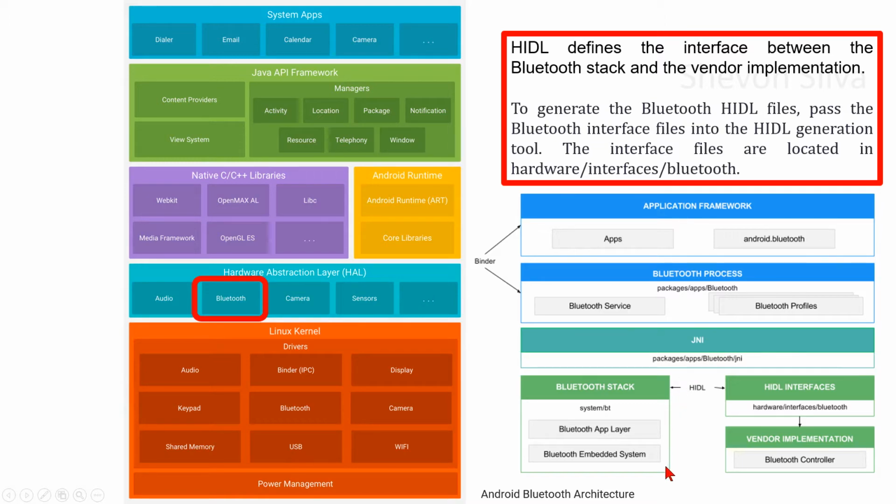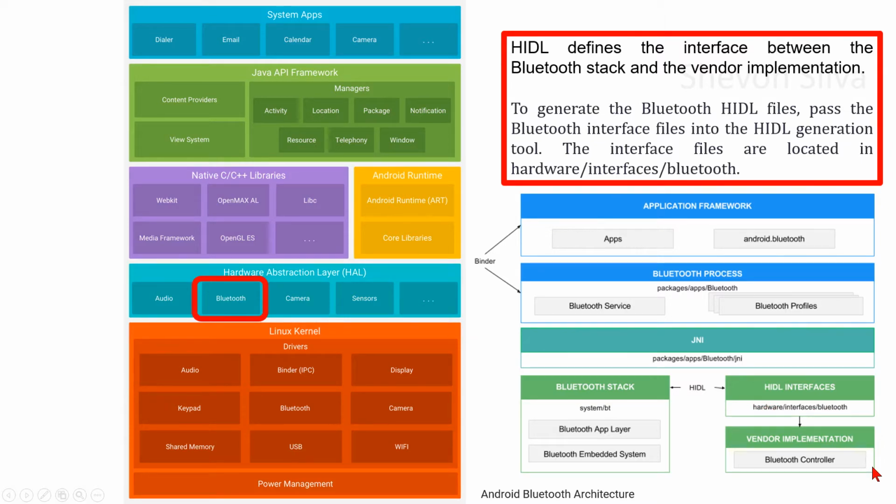Bluetooth stack. The default Bluetooth stack is provided in AOSP and is located in /system/bt. The stack implements the generic Bluetooth HAL and customizes it with extension and configuration changes. Vendor implementations.